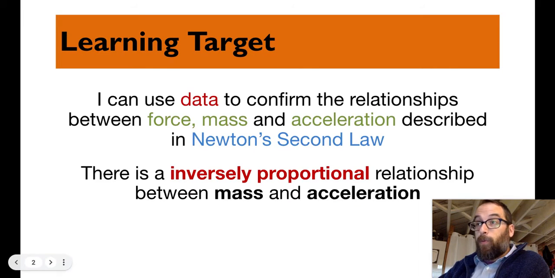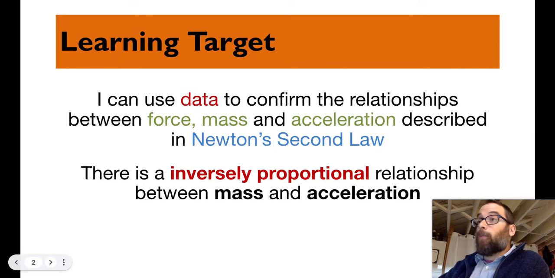Specifically today, we want a set of data that is going to allow us to confirm an inversely proportional relationship between the mass of an object and its acceleration if that object or objects are experiencing a constant force. Okay? So that means we need some way of changing the mass of something and applying a force to something and seeing how that affects acceleration.